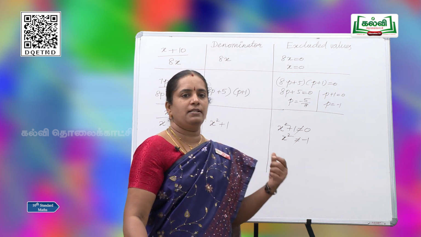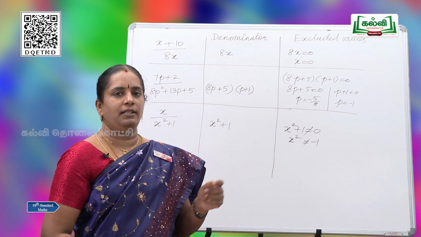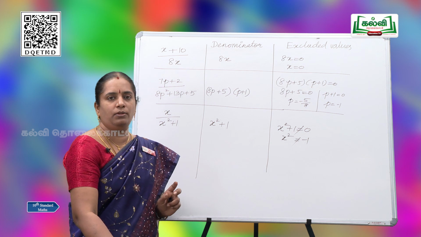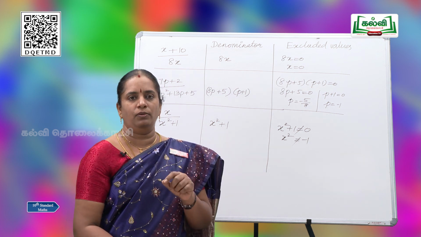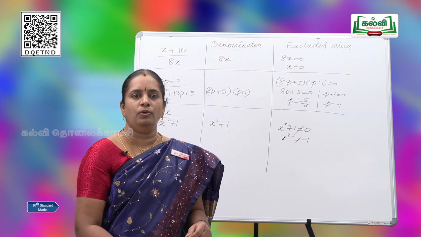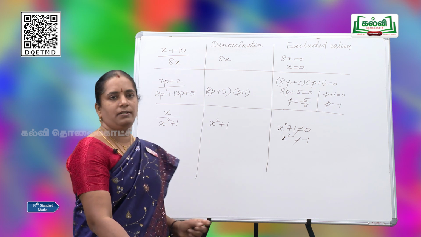So, since it is already in the form where the denominator will never become 0 for any real value of x, there is no value which is to be excluded for this rational expression.